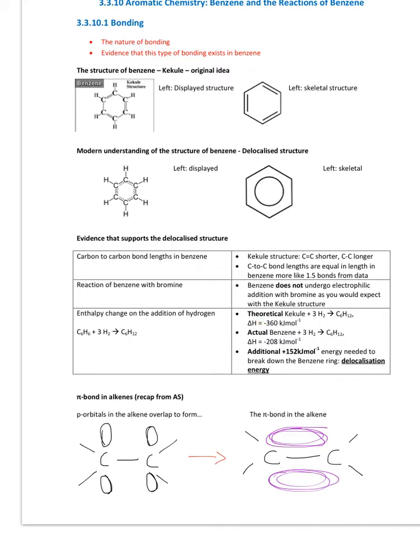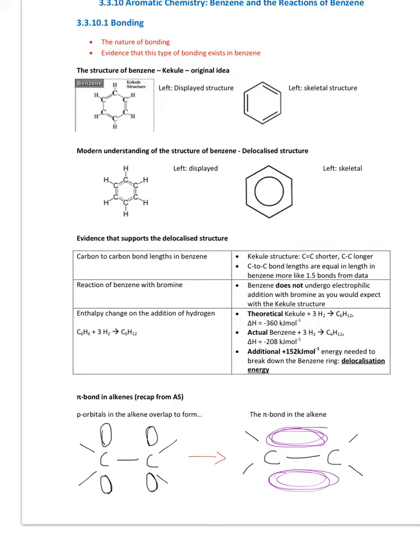So it's not as exothermic as we'd expect. This has been described as delocalization energy. The electrons shared in this benzene ring cause extra stability, and it requires more energy, i.e. 152 kilojoules per mole, to break down this structure. So that's the third piece of evidence.